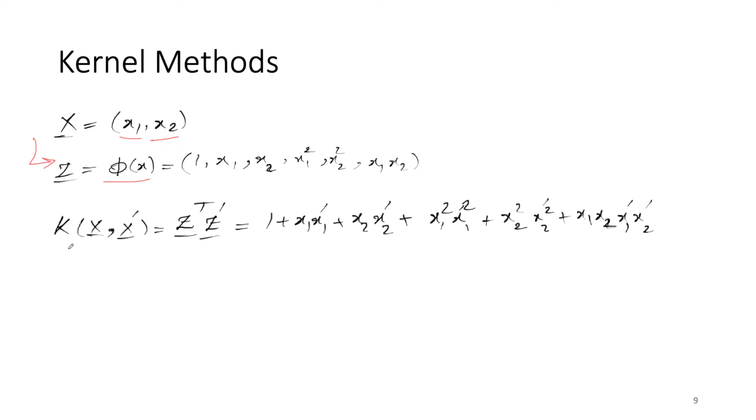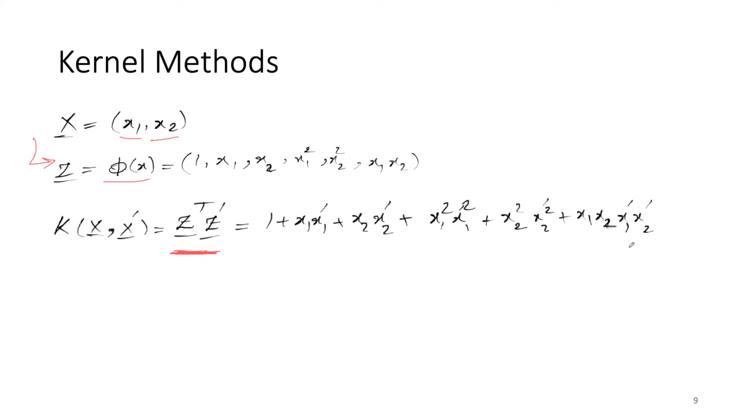So this would be equal to computing this z transpose z prime, which is 1 plus x1 x1 prime, x2 x2 prime, and so on and so forth up to x1 x2 x1 prime x2 prime, right?